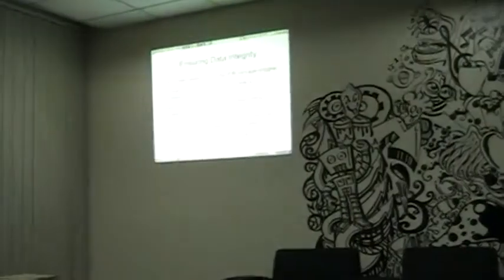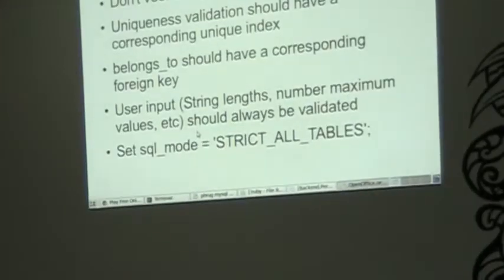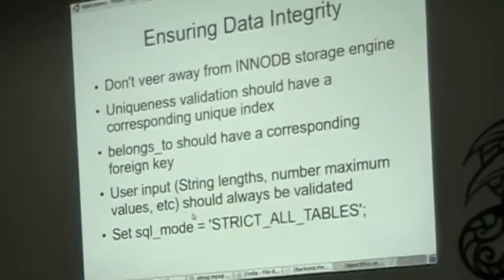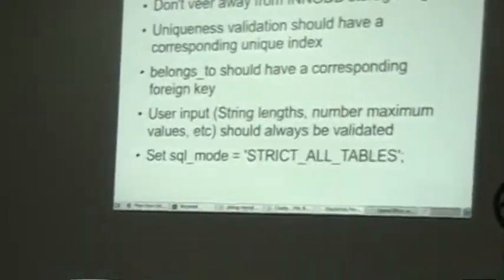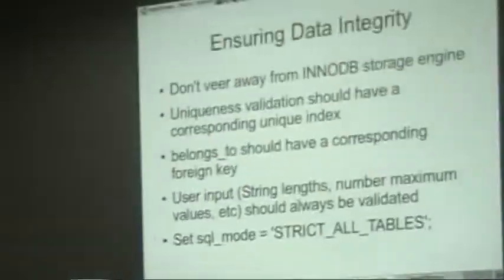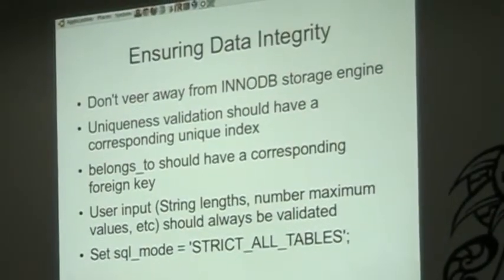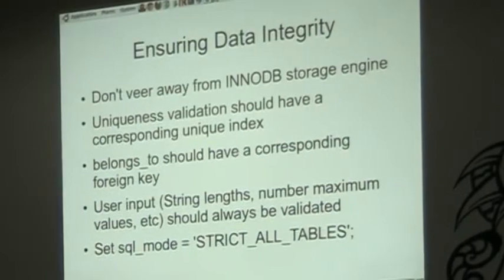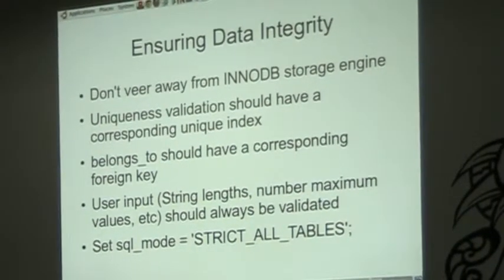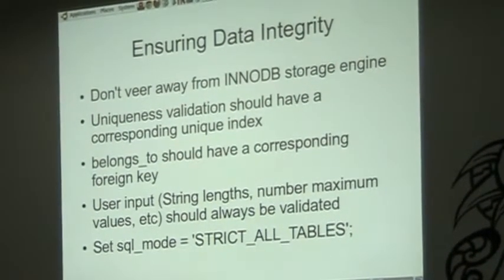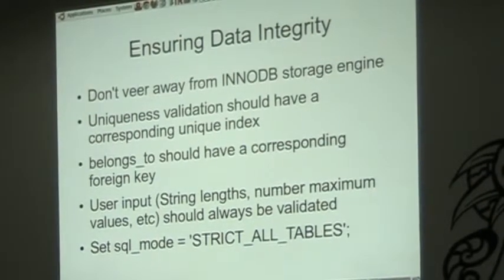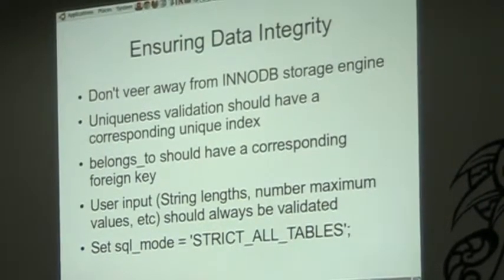So ensuring data integrity. When you use MySQL with Rails, you use the InnoDB storage engine by default. So don't veer away from it. The InnoDB storage engine enables us to have transactions, so you can roll back and have atomic transactions.